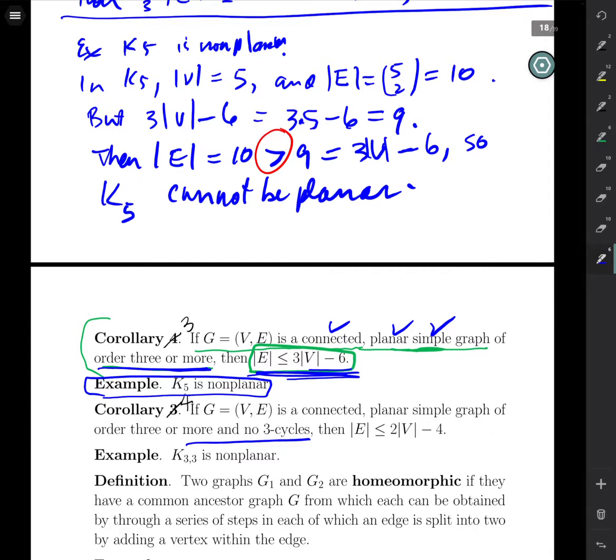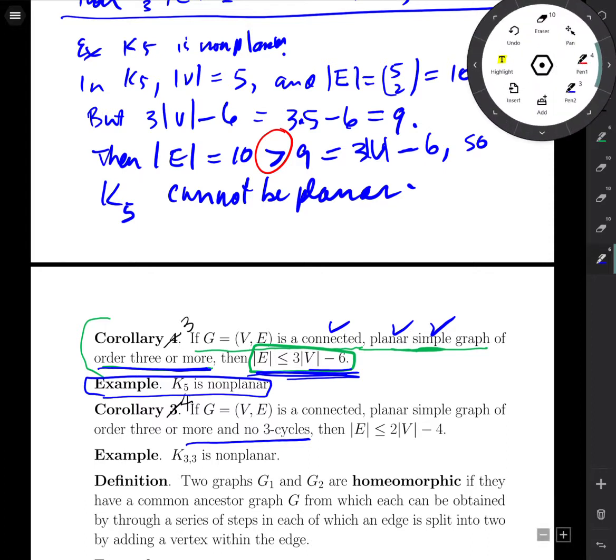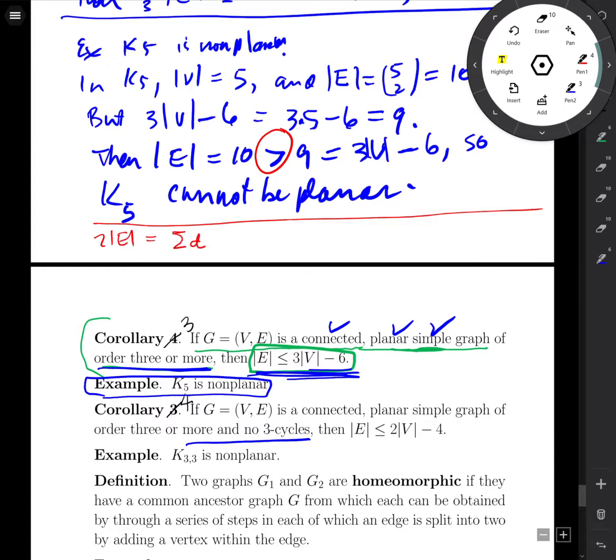So in the same way we proved the earlier result, corollary 3, what we would have this time would be the inequality that 2 times the number of edges is equal to the sum of the degrees of the regions over all regions, R in capital R, which would be greater than or equal to 4 for each of those, summed over however many there are, which is equal to 4 times the number of regions.